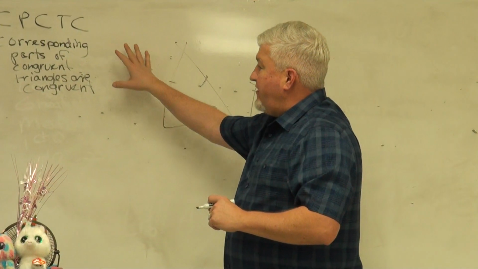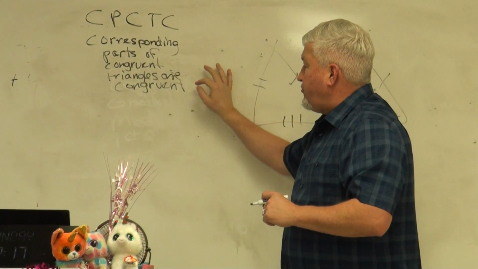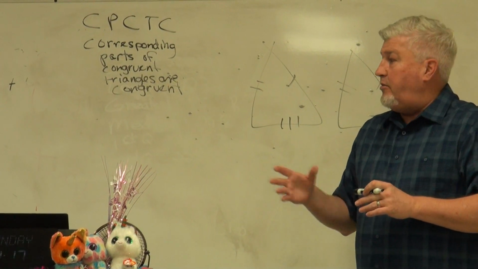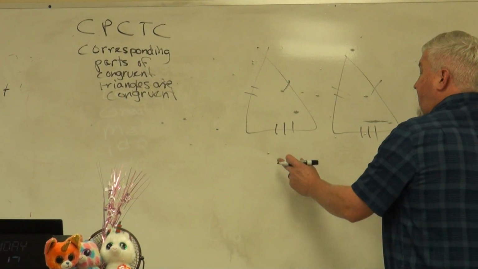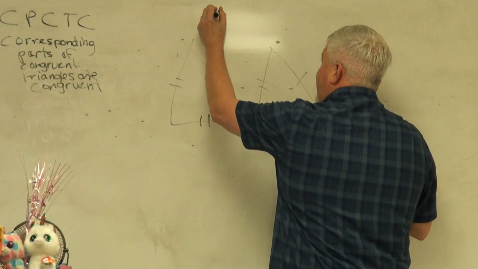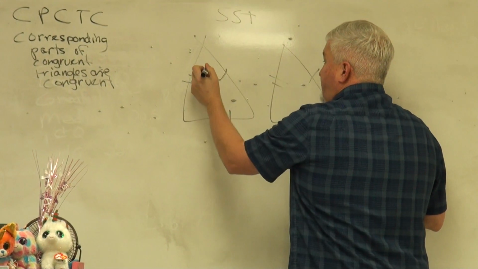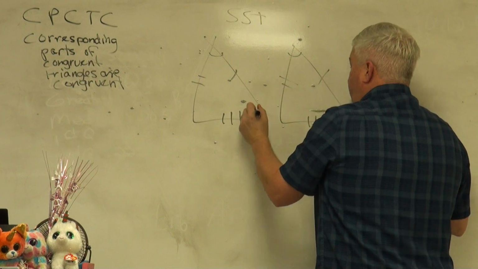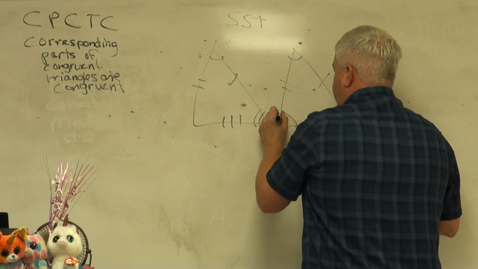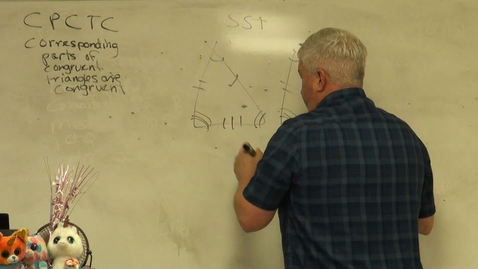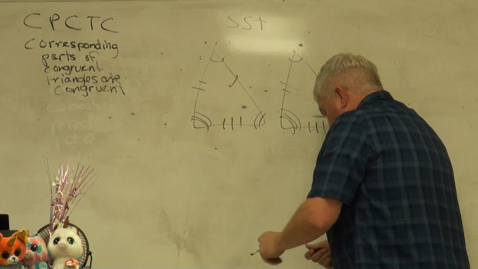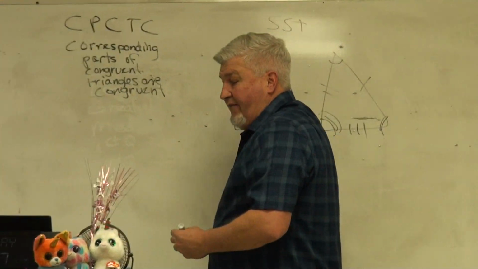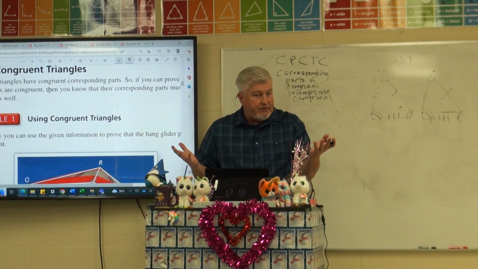So by this phrase, corresponding parts of congruent triangles are congruent, what that means, and it should be obvious, but it's a lot of words to state it, is if I've proven these two triangles congruent by SSS, that means this angle is congruent, this angle is congruent, and this angle is congruent. So once you prove two triangles congruent with 3 of those things we discussed, the rest of what we haven't proven is also congruent.